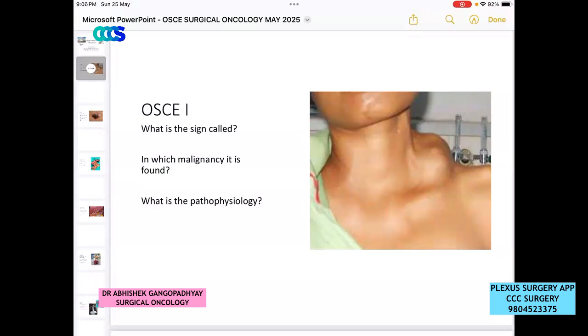Due to close association with the thoracic duct or internal jugular veins. Okay, with what close association? What is the exact pathophysiology? How do tumor cells come into the left neck directly from the abdomen? It's a very important pathophysiology to know.